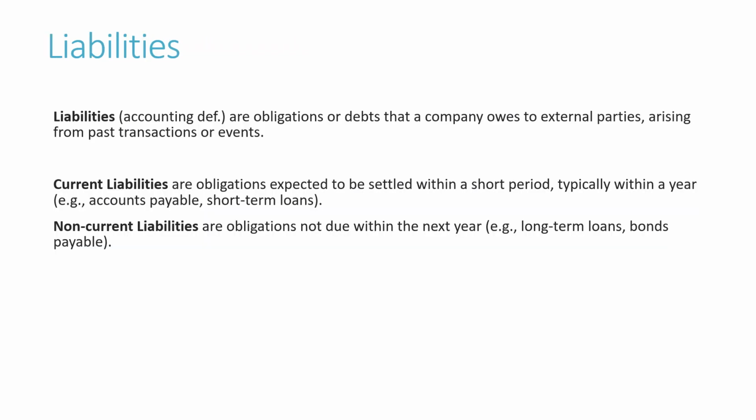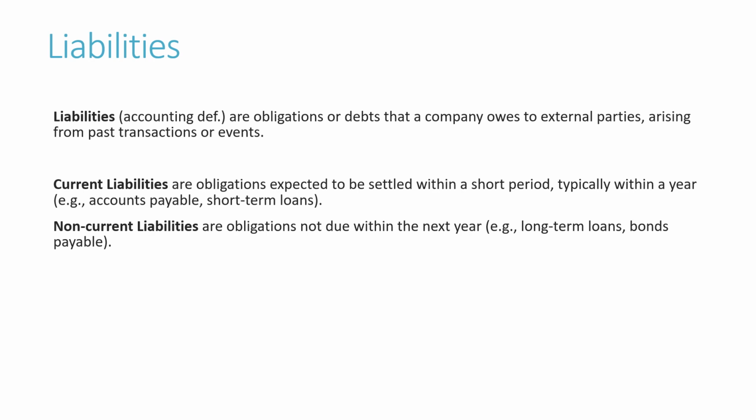Liabilities, as defined in accounting, are obligations or debts that a company owes to external parties resulting from previous transactions or events. Similar to assets, liabilities can also be current or non-current. Current liabilities contain obligations anticipated to be settled in the near term, typically within a year.